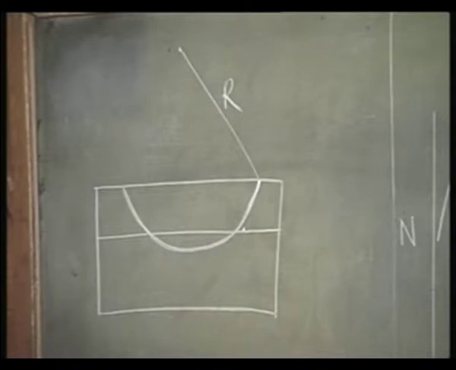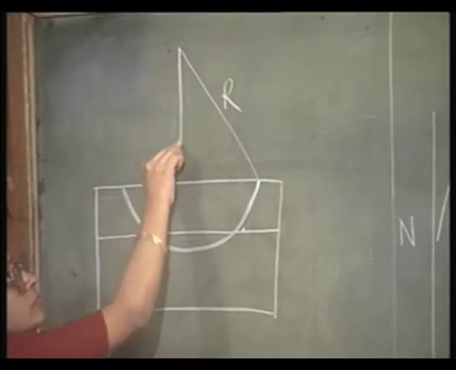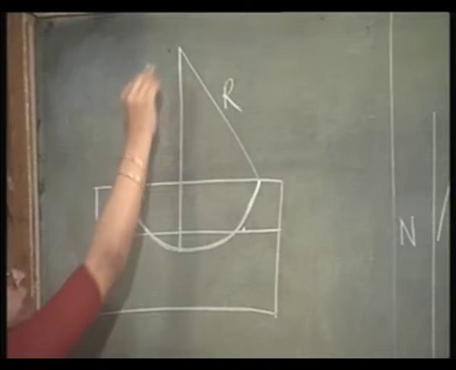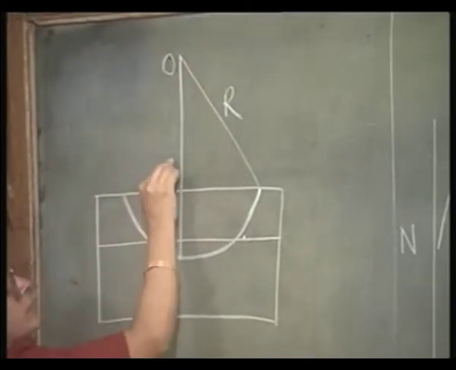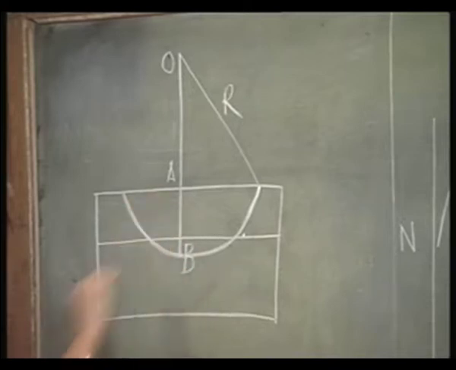Remember, this is a destructive technique. You are going to grind a groove, therefore, you are going to destroy the surface. But what you want to measure is the distance AB. AB is actually your junction depth.